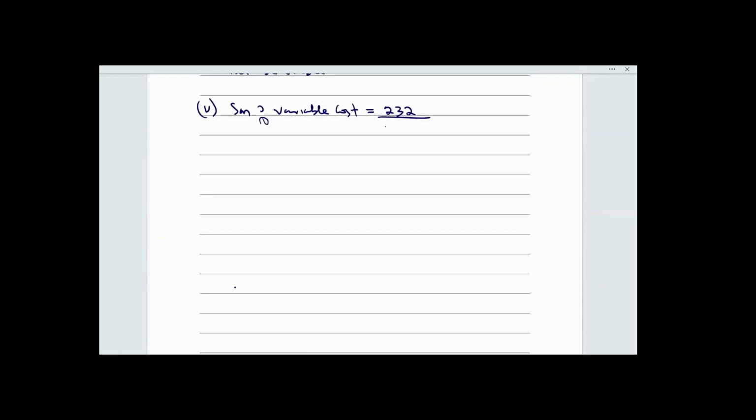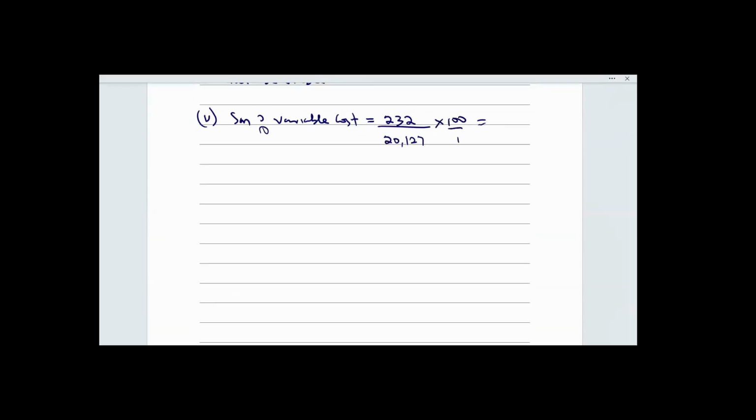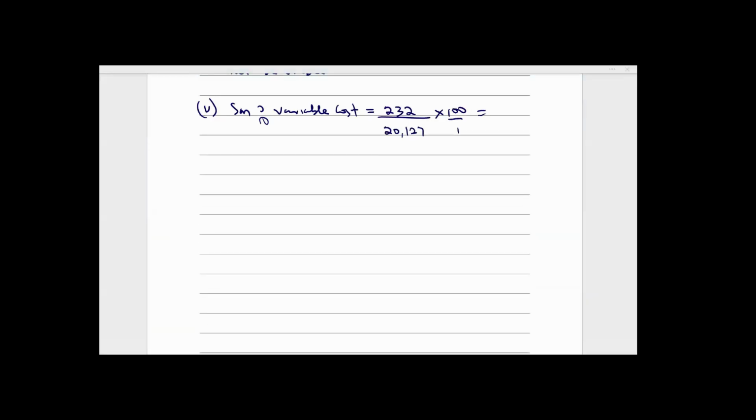I will then come here, 232 divided by 20,127 multiplied by 100 over 1. What do we have here? Okay. 232 divided by 20,127 equal, then multiply by 100% equal 1.2%.